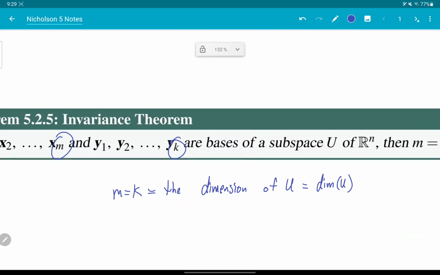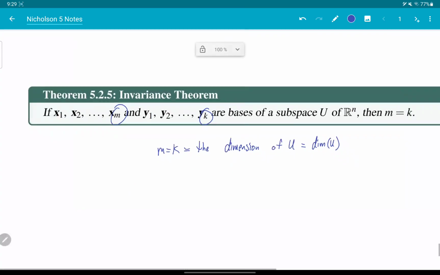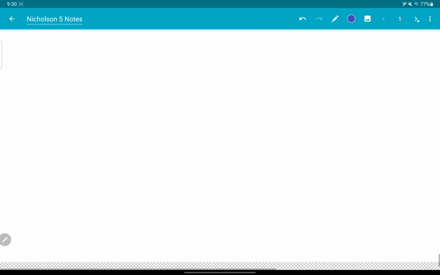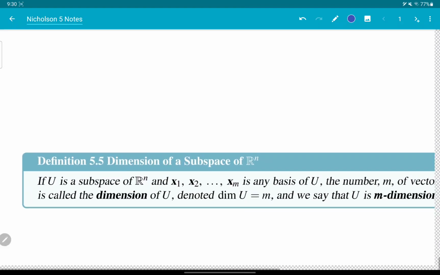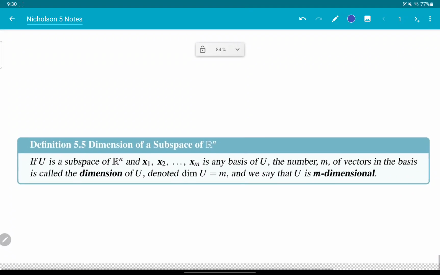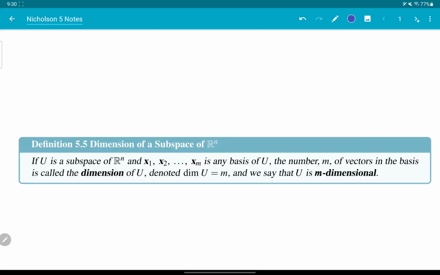The dimension of U is, well, I look at a basis of U, and I just count how many vectors are in that basis. Okay, this is formalized in the following definition here. So copy this into your notes.